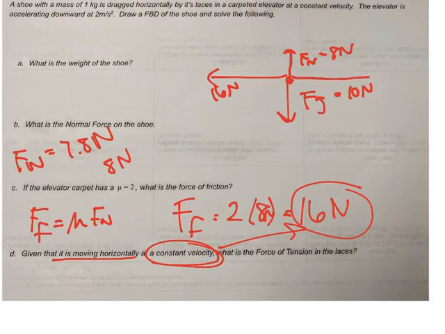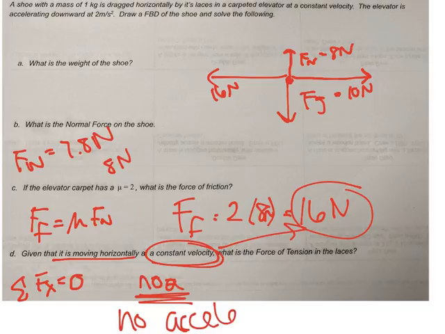So we know that if it's moving constant, that means the sum of the forces in x ends up being zero, right? Because it's not accelerating. Constant velocity, remember, always know constant velocity means no acceleration. And no acceleration means no sum of forces, no net force.